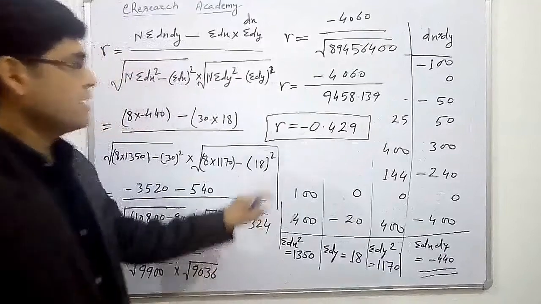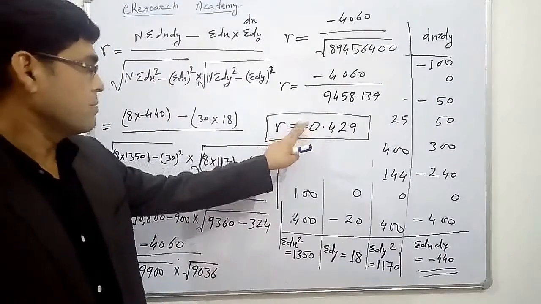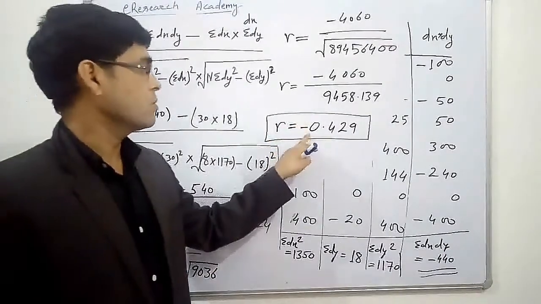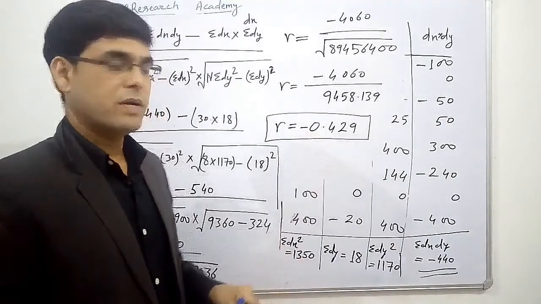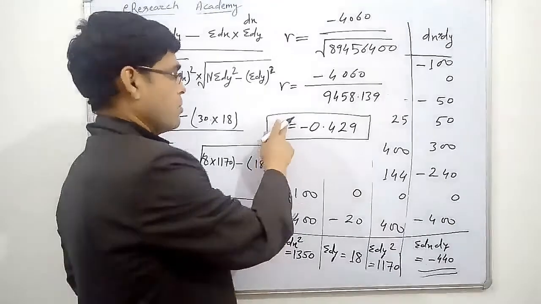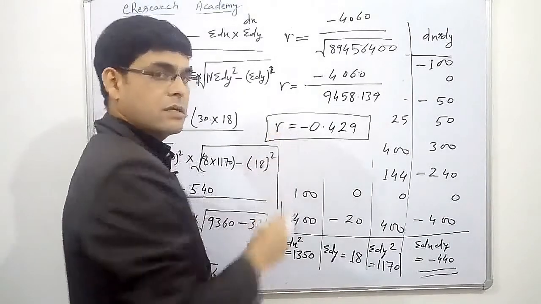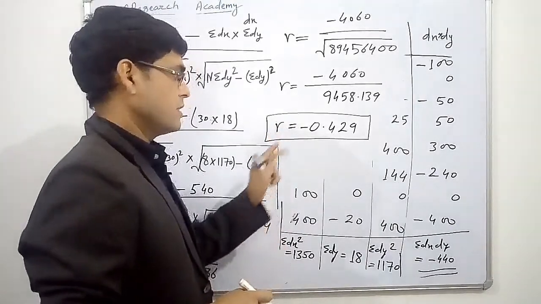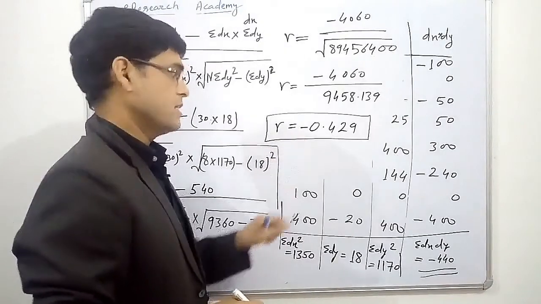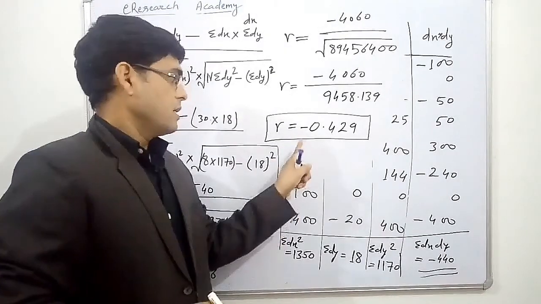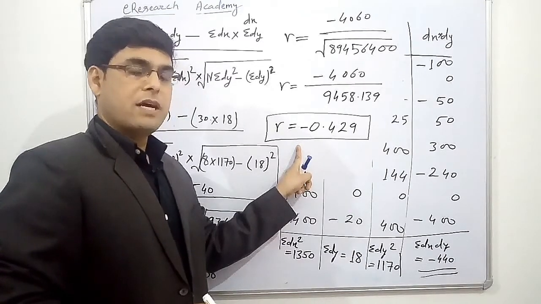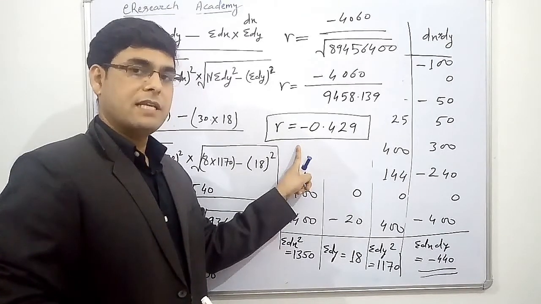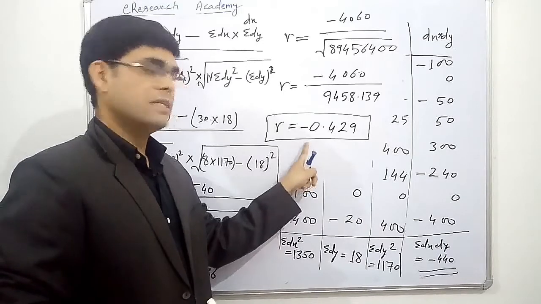The correlation between marks in statistics and marks in accountancy is minus 0.429. It means there is a negative correlation between statistics and accountancy in terms of the marks scored by the students. It means if the students are working hard for one subject, definitely they are lagging behind in the other one.